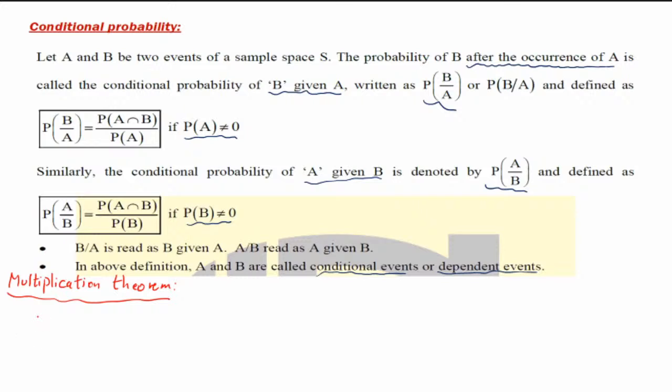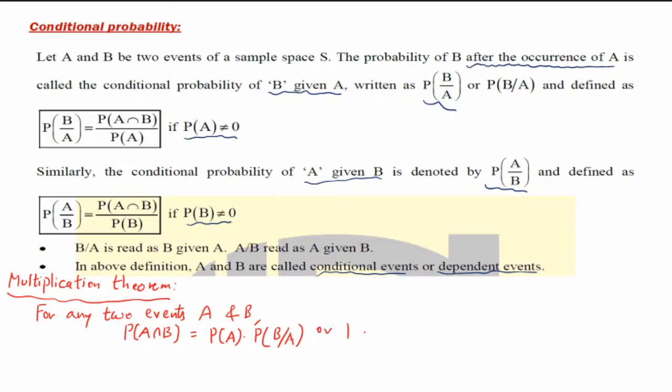For any two events A and B, P of A intersection B is equal to P of A into P of B given A, or P of B into P of A given B.